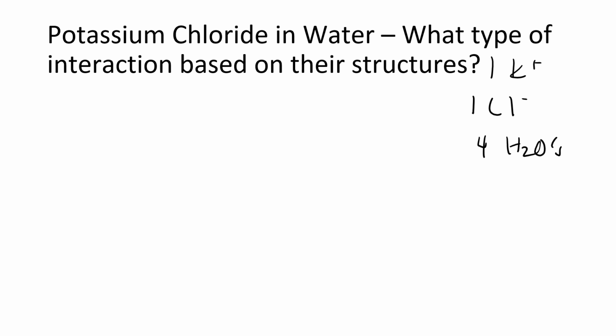KCl, we know, hopefully, is an ionic compound. The strong charges on the K plus and Cl minus would attract strongly to the polar partial charges in the water, and this is called an ion-dipole interaction because the ion, the K plus and Cl minus, is interacting with the dipole from the water. KCl is therefore miscible in water.